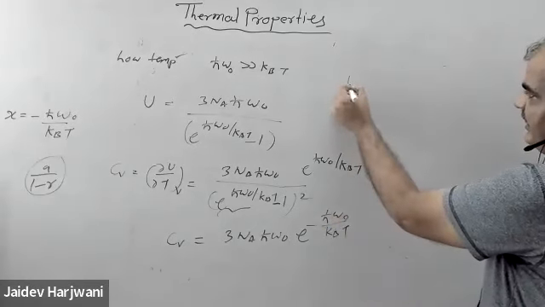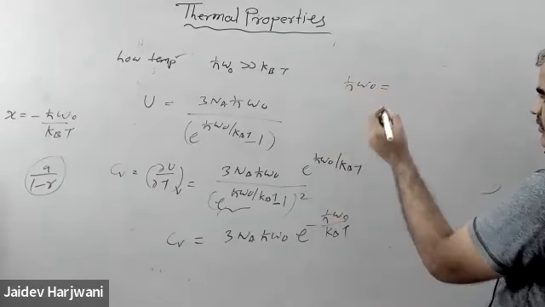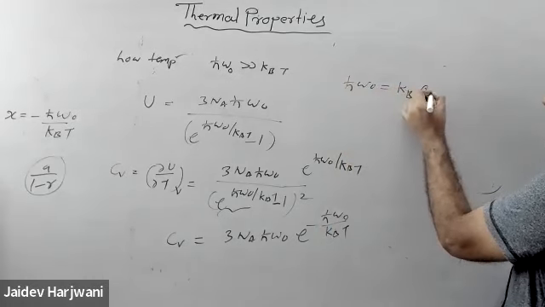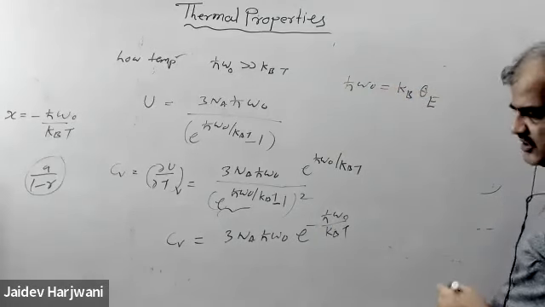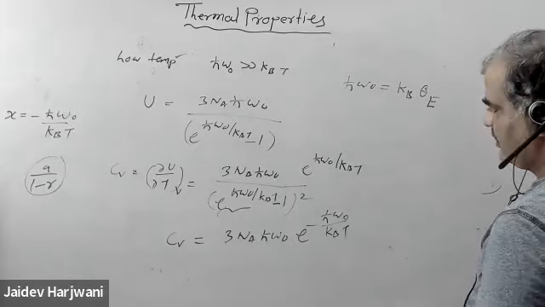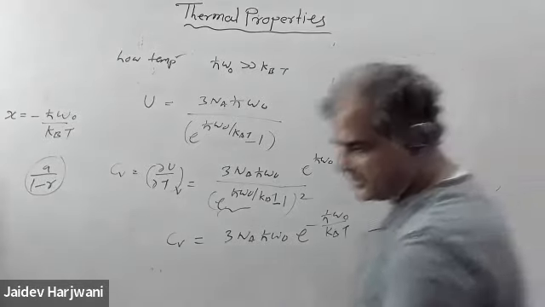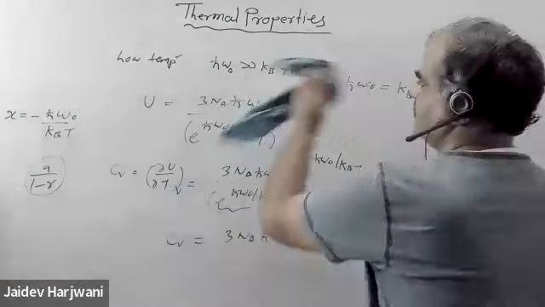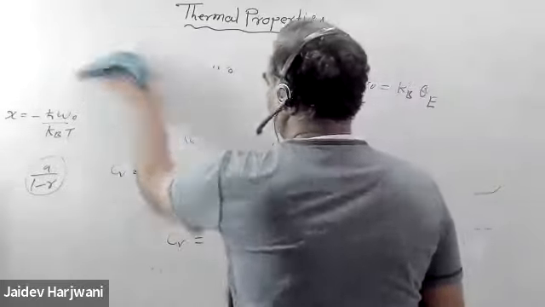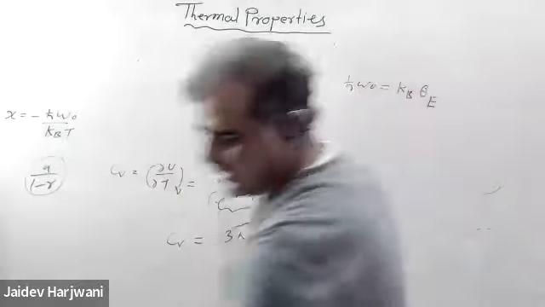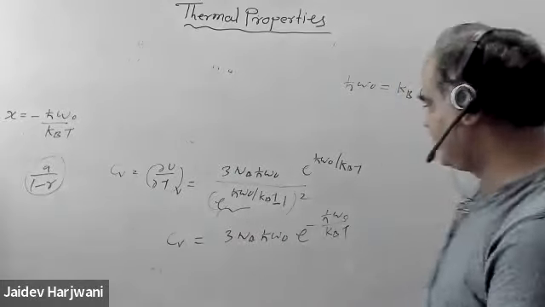If I define ħω₀ equal to k_Bθ_E, where θ_E is the Einstein temperature, you can put the approximation in the energy term also and you'll get the same thing.